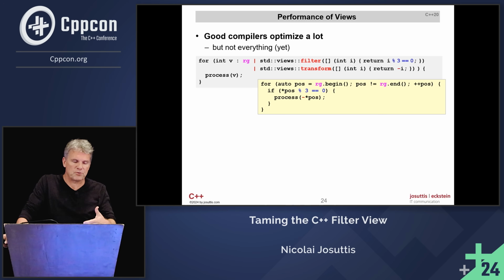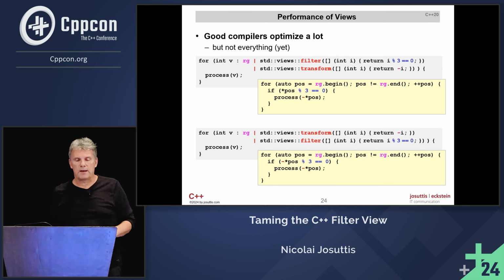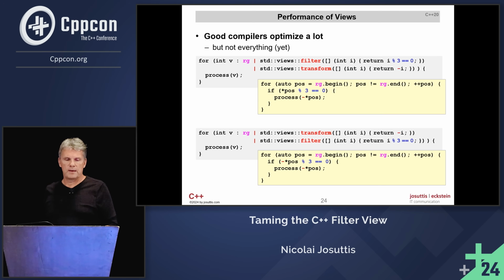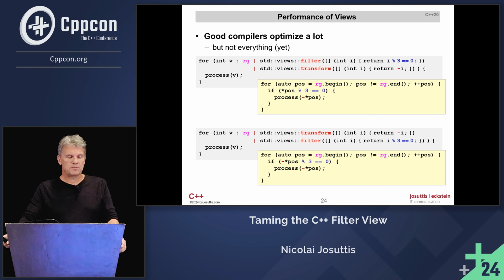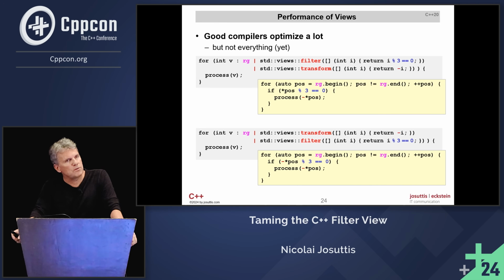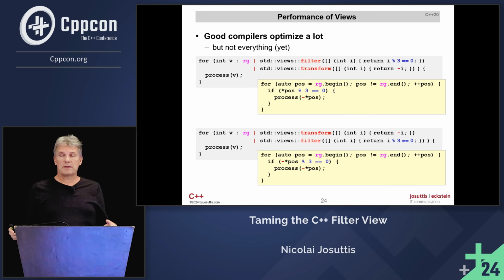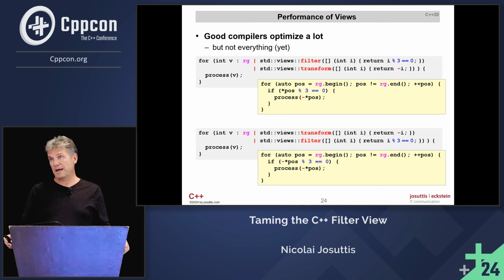If yes, process it, negate it. And if you change the order, you switch to code where you say, if the negated value of the current position is a multiple of 3, then process the negated current value. And whether this is a problem or not depends on compilers and optimization. But of course, in this case, it's not a big issue. But if the transformation is big and the compiler does not optimize anything here, then it can matter.